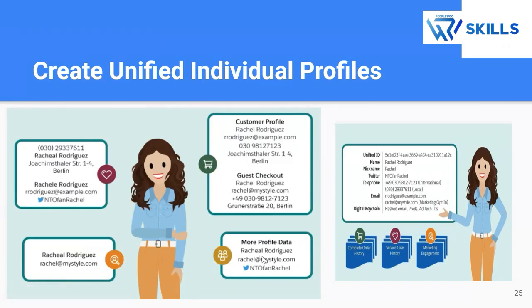You might be present as a lead, as a contact, or as a different ID in a different source. So the unified individual profile would reconcile all this different customer data and create a single unified ID. A single unified ID would allow us to save time and cost, and to do marketing efficiently.